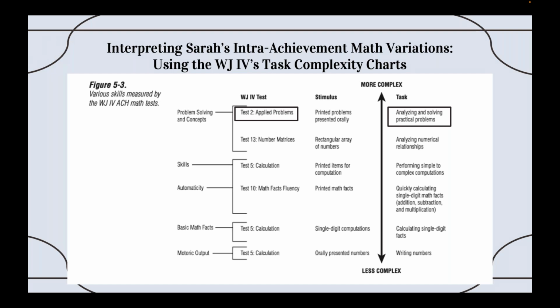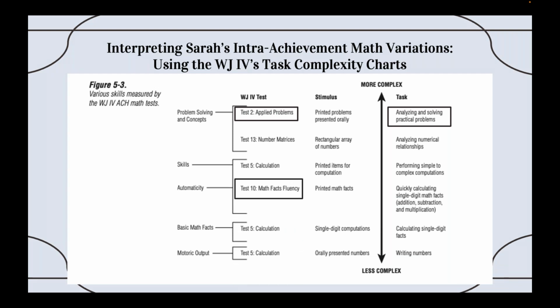That then leaves the psychologist to think about what can be an underlying cause of limited math skills or limited mathematical reasoning. They then start to think about the WJ4 COG. They think about how fluid reasoning is predictive of math reasoning skills. And they think that it's very important to rule out that lack of reasoning skills, given the challenges that Sarah had on applied problems.